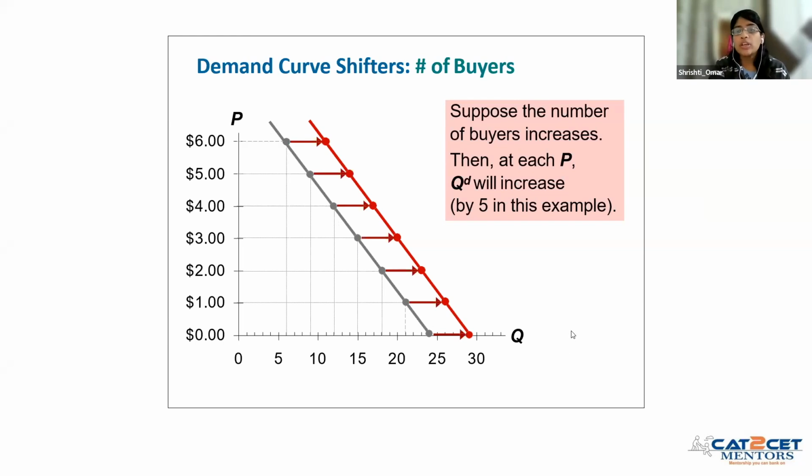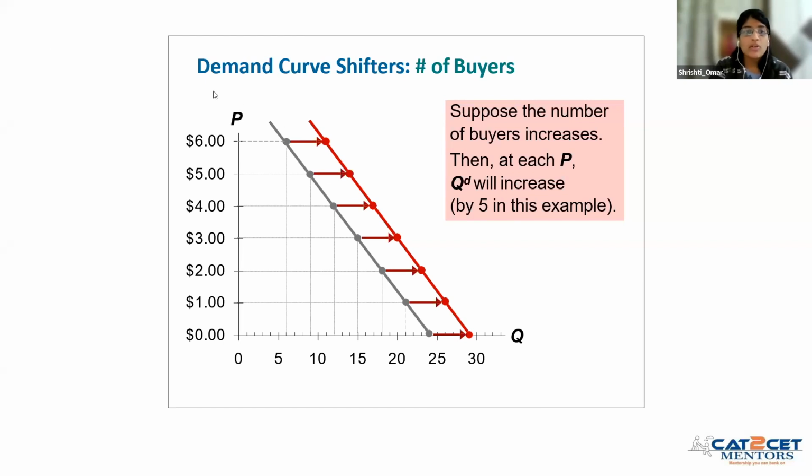But if you are talking about other factors, like the number of buyers, and the number of buyers rises and they want that commodity, then the quantity demanded of that good rises. Okay?